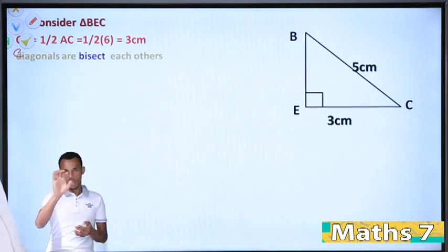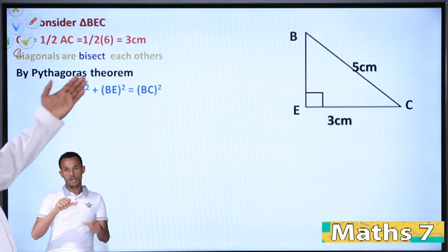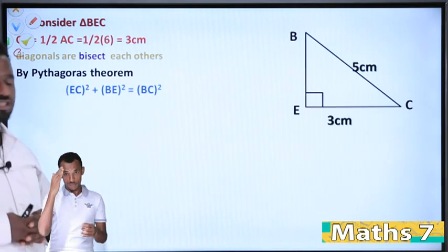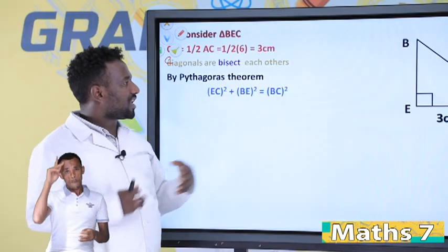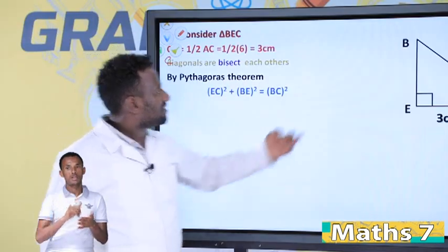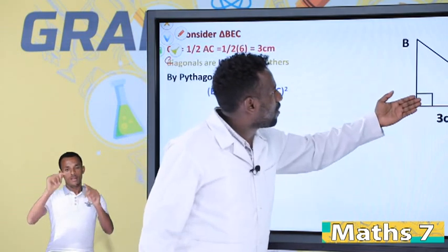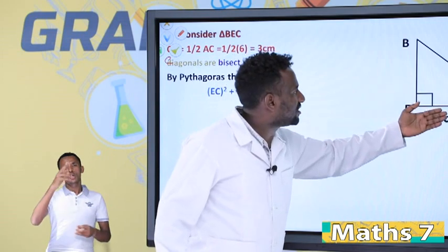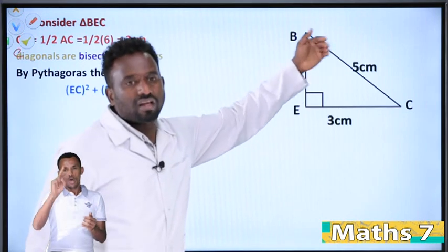We get it. Then the diagonals bisect each other, so by the Pythagoras Theorem, you know, the mathematician Pythagoras, the theorem says that on a given right angle triangle, the sum of the squares of the two sides is equivalent to the square of the largest side.